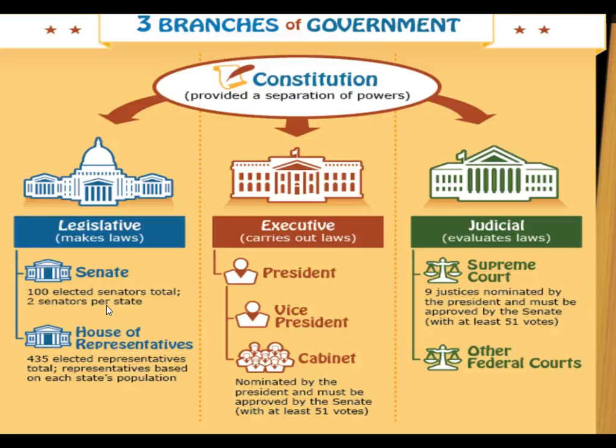The executive branch, which is the president, the vice president, and the president's cabinet, helps to carry out the laws. Once they're made by the legislative branch, the executive branch is then charged with enforcing the laws. The judicial branch evaluates or judges the laws.